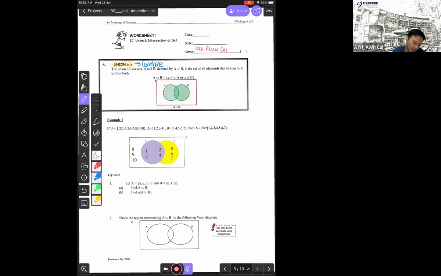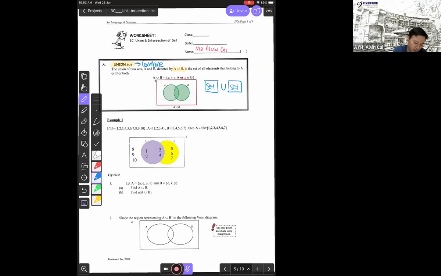And that's how we use it: if you look over here, A union B is basically a set union another set. This is how we use the symbol. We don't use it on elements. So it's a set combined with another set.